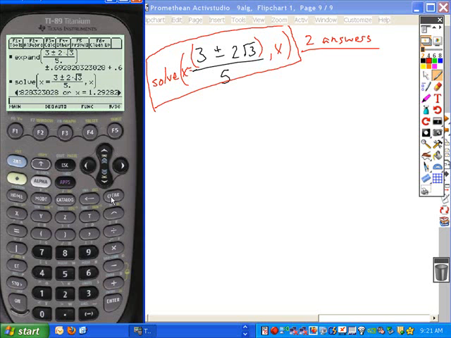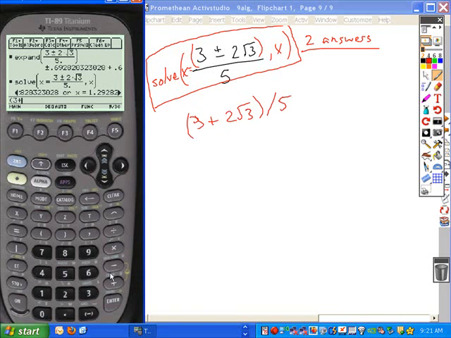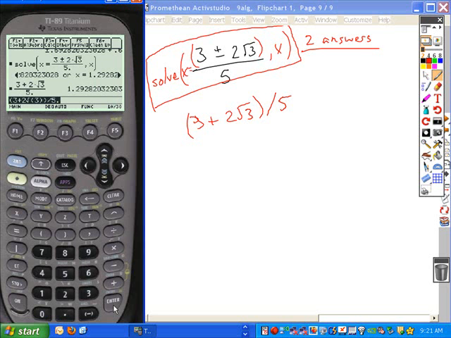In addition, you could enter each one separately. So 3 plus 2 root 3 divided by 5. So if you entered it separately, so 3 plus 2 the square root 3, close the parentheses and divide by 5. Okay, here is one of your answers, the larger one, 1.29.